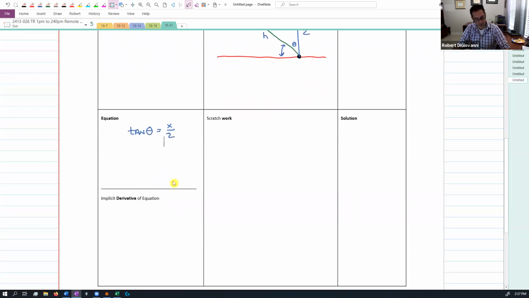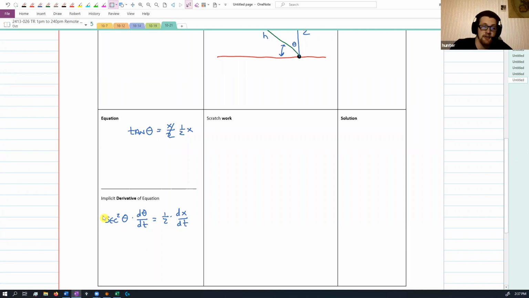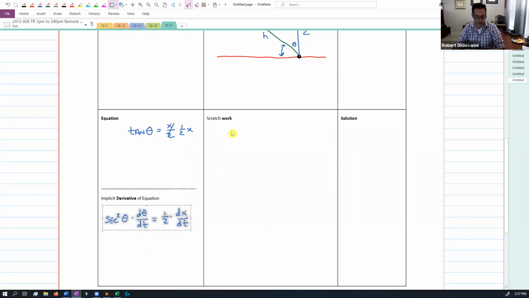If I differentiate this, secant squared theta d theta dt, that's still the same. But on the other side, this is really 1/2 x, so that just becomes 1/2 times the derivative of x with respect to t, dx dt. That's a much nicer formula to work with, to be honest.